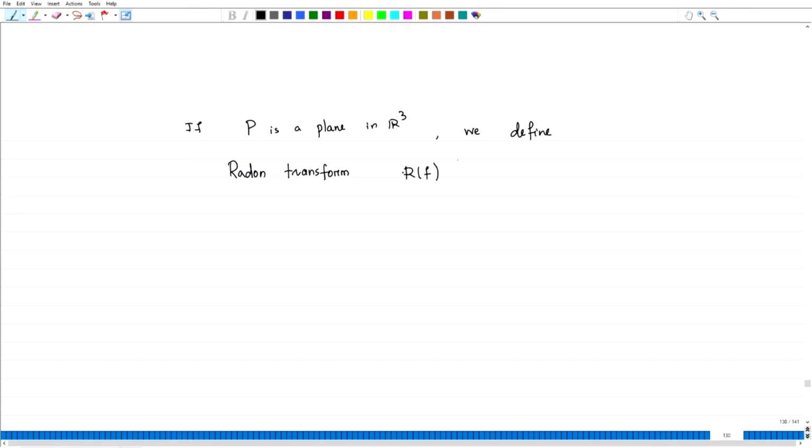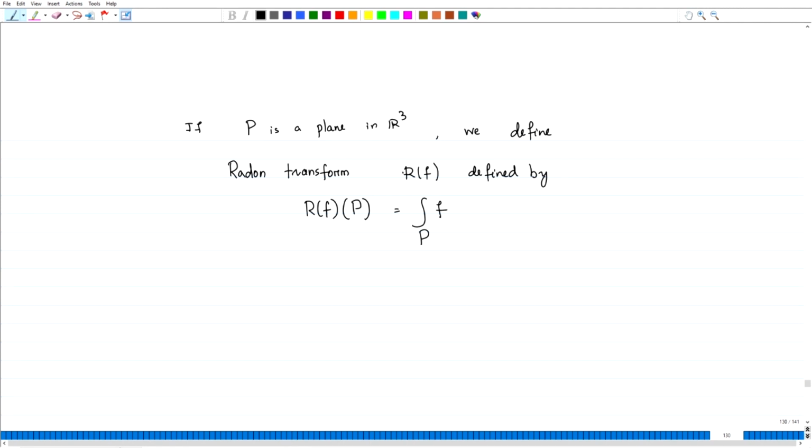Rf is going to be a functional on the set of planes P. We define Rf(P) to be the average of the function over the plane P. Now, the first thing we need to discuss is what we mean by integration over a plane P.